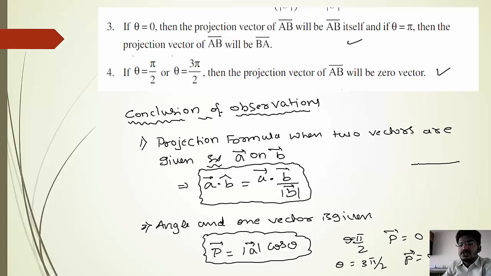If theta equal to 0, this will be your AB. If theta equal to pi, this will be your BA. So whenever theta equal to 0, projection is AB itself, whenever theta equal to pi, projection of AB will be BA.